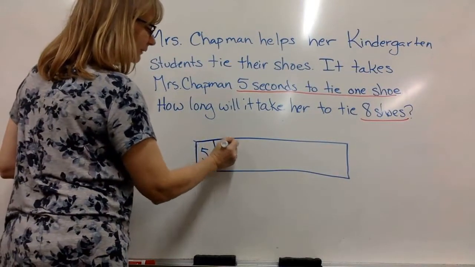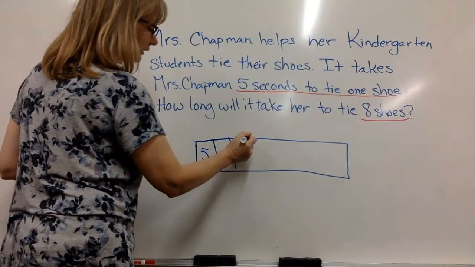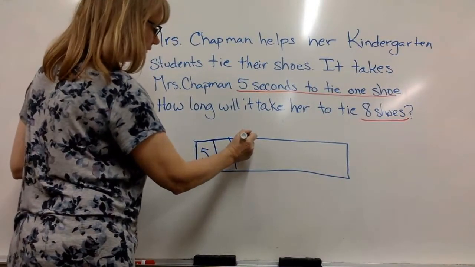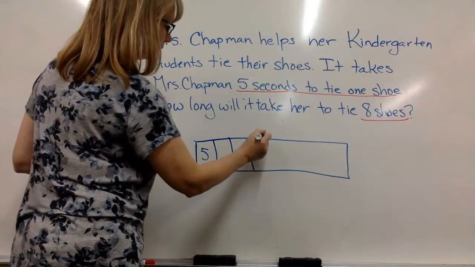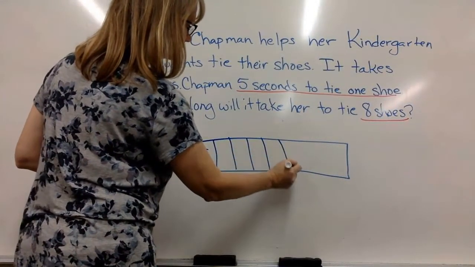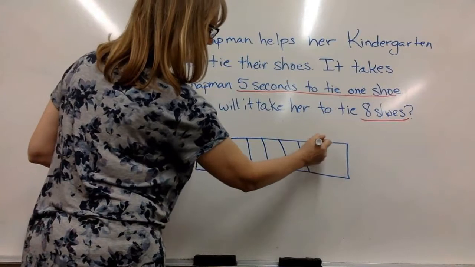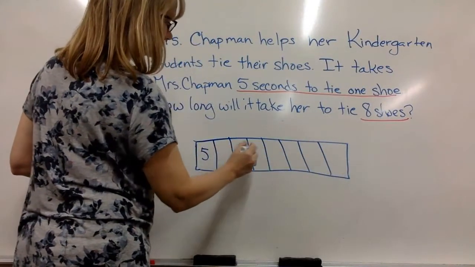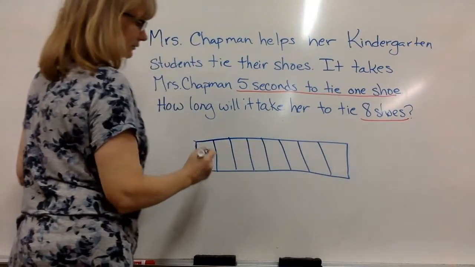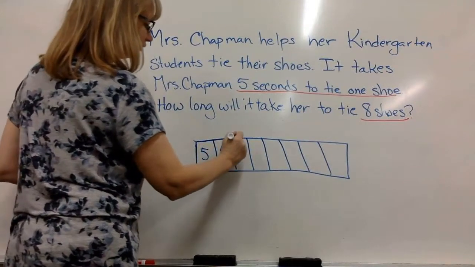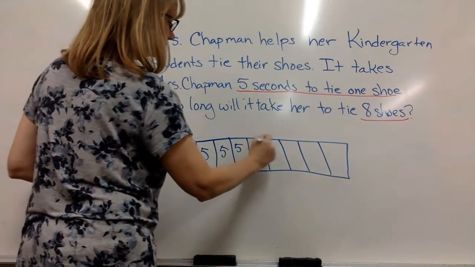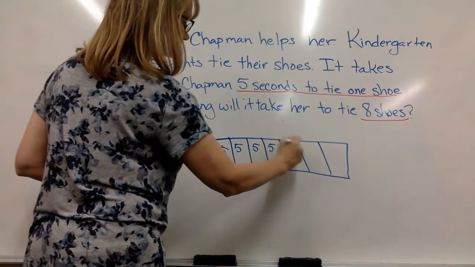Mrs. Chapman is going to have to tie 8 shoes. Did I get 8? 1, 2, 3, 4, 5, 6, 7, 8. Yes. Each of them are going to take 5 seconds.